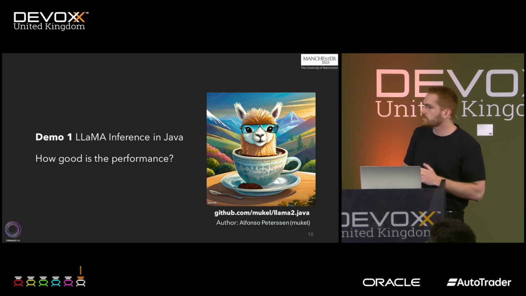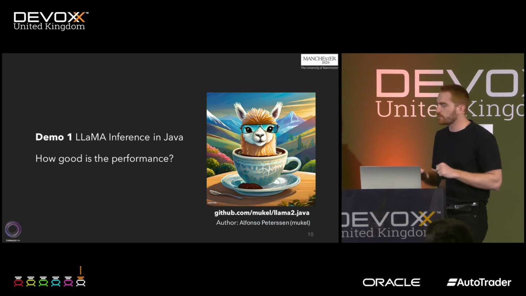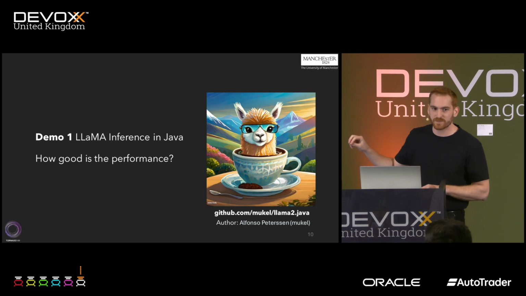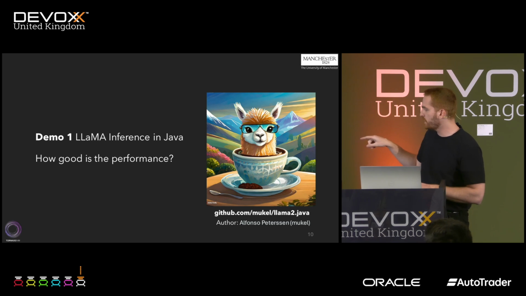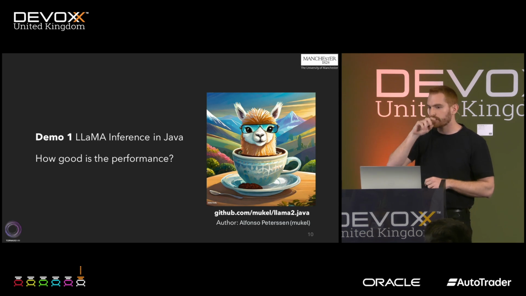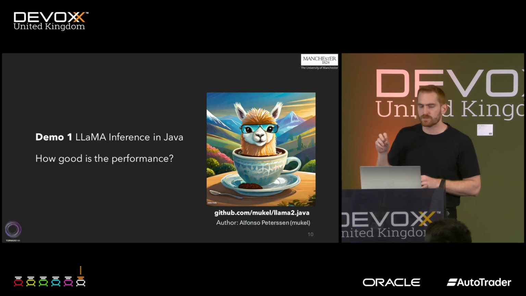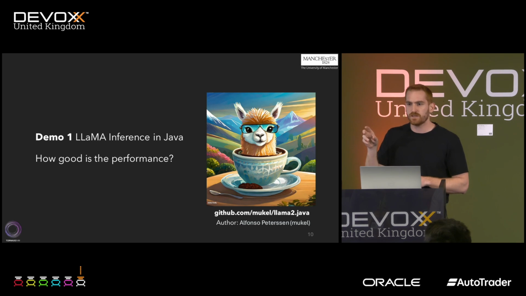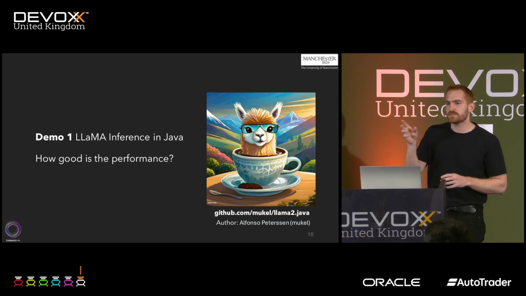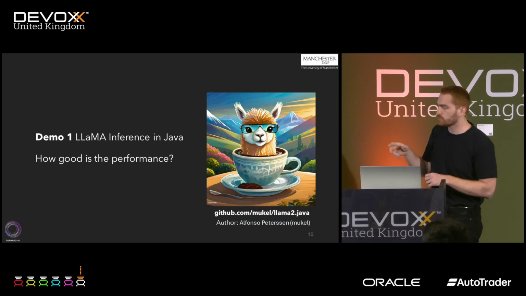So at this point, I'm going to be brave and try my first demo. What I tried is the Llama 2 Java implementation that's out there as open source, and I selected a model from a selection called the Tiny Llamas, which is a dataset of small stories that it generates.